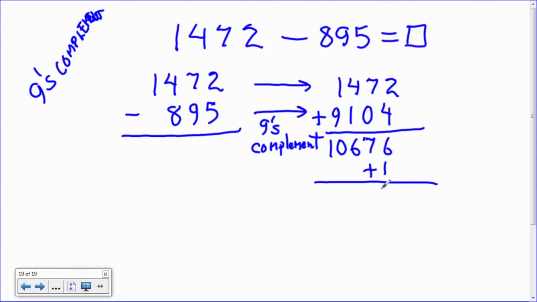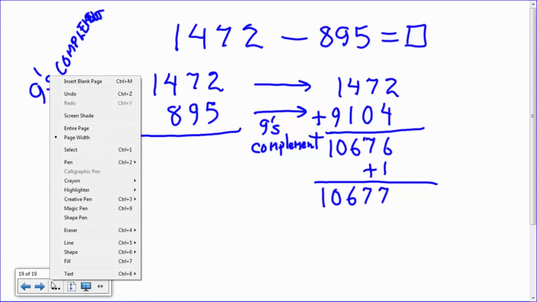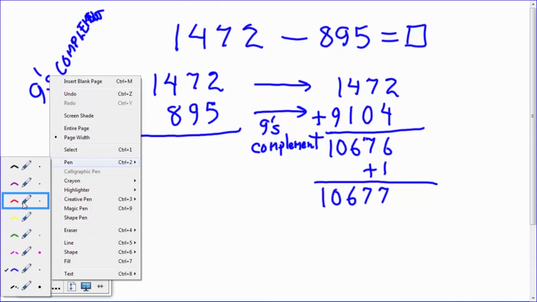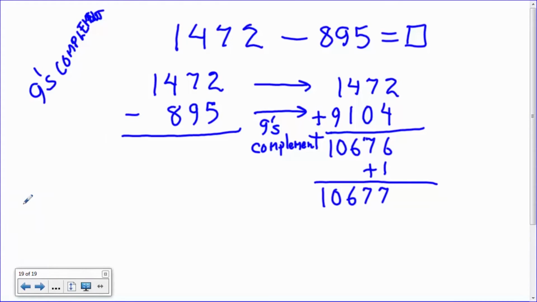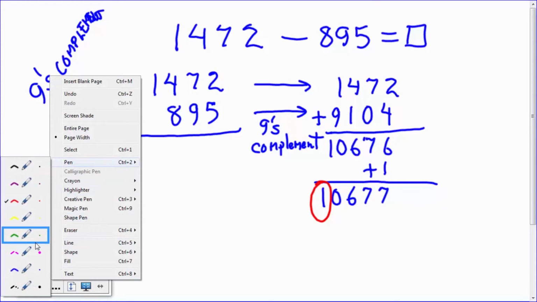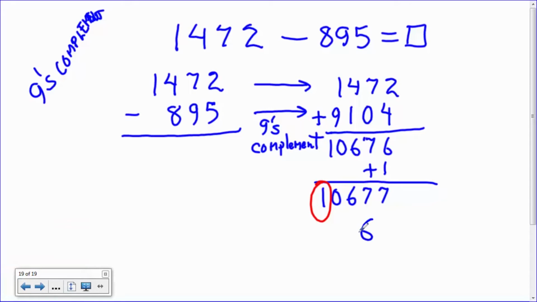This gives us a 1, 0, 5, 7, 7. And then out of nowhere, we're told to look at that leading digit and throw it away. So when we throw that one away, what's left behind is 577.